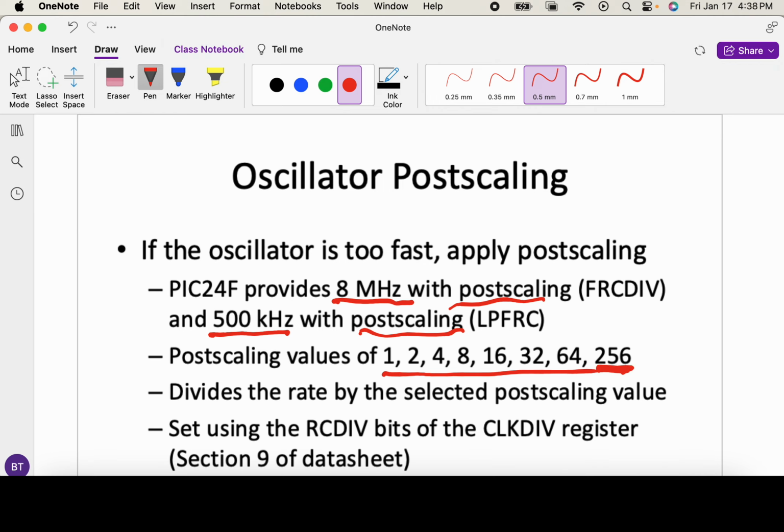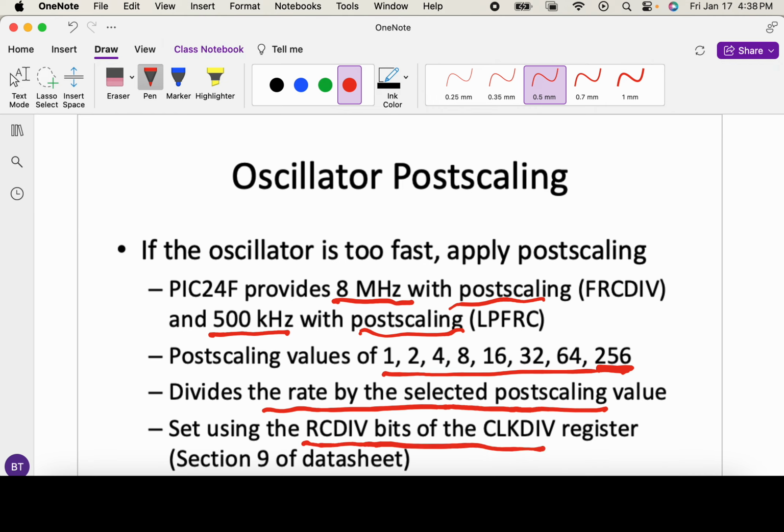It divides the oscillator rate by the selected postscaling value. This is done using the RCDIV bits of the CLKDIV register.